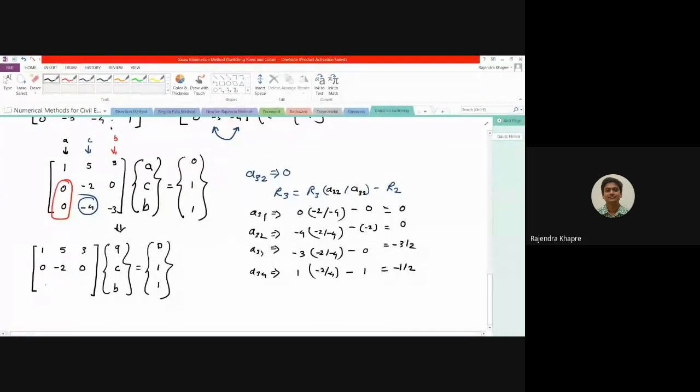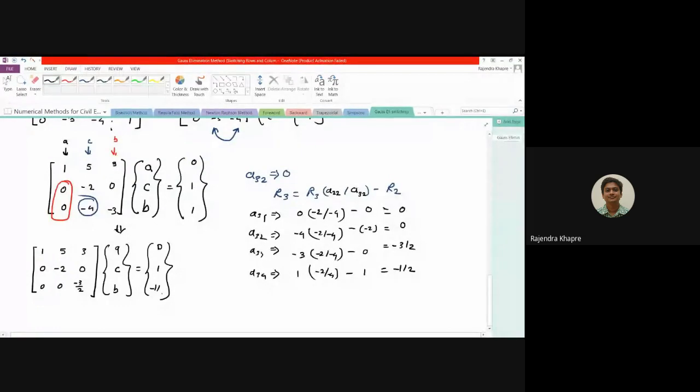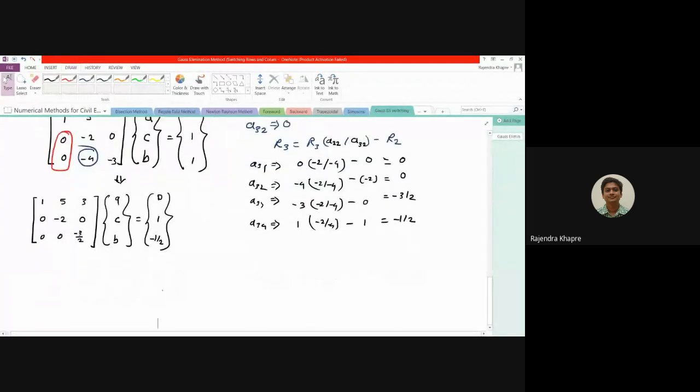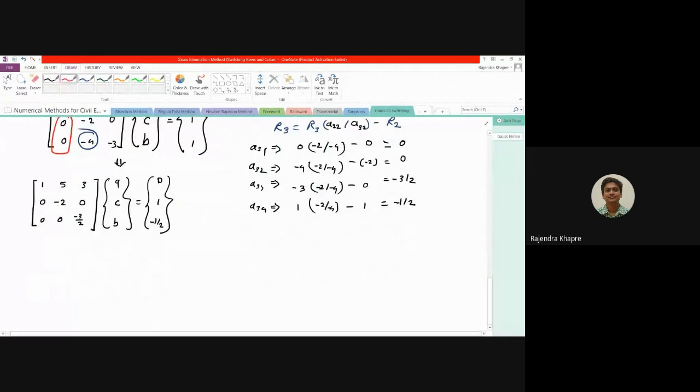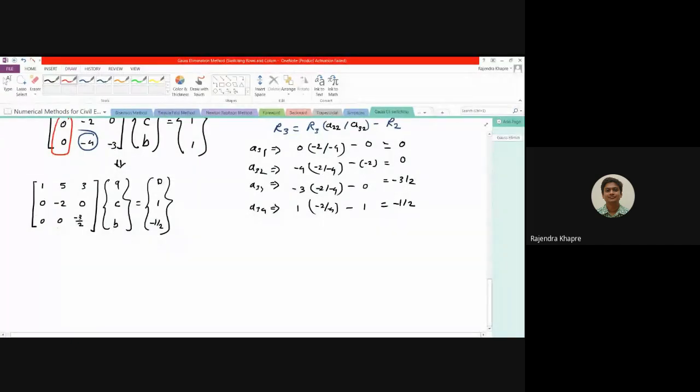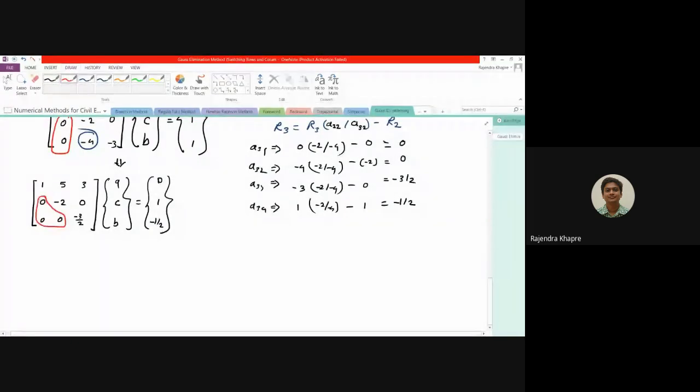Now the last row, I think this value will change. So the last row is going to become 0, 0, minus 3 by 2, and here minus 1 by 2. So now in this particular matrix, you will find the lower triangle is now 0. So now we can use the method of back substitution, isn't it?